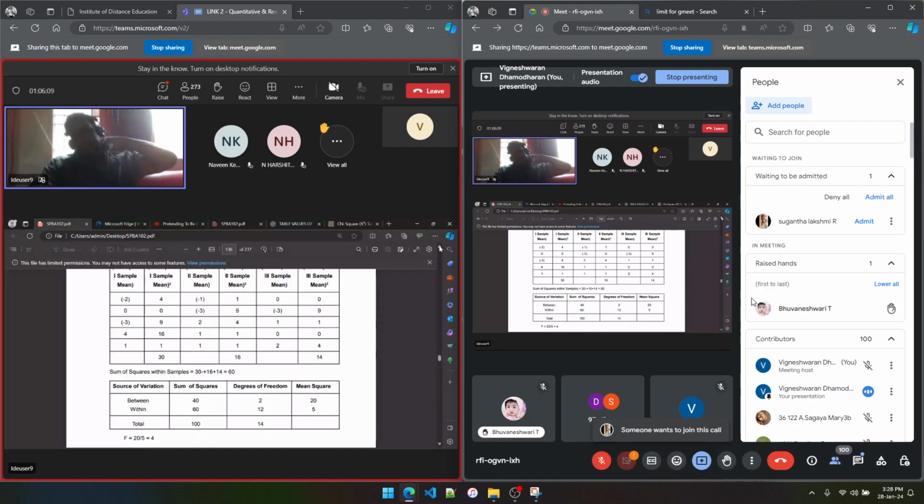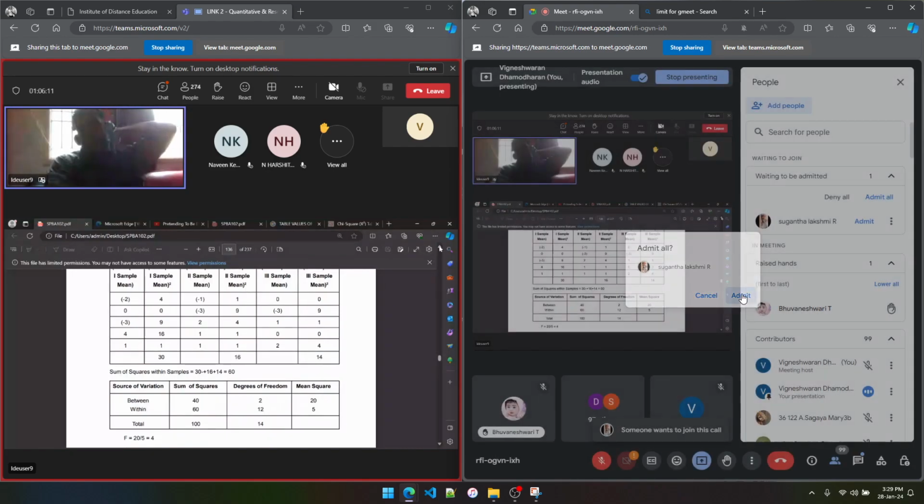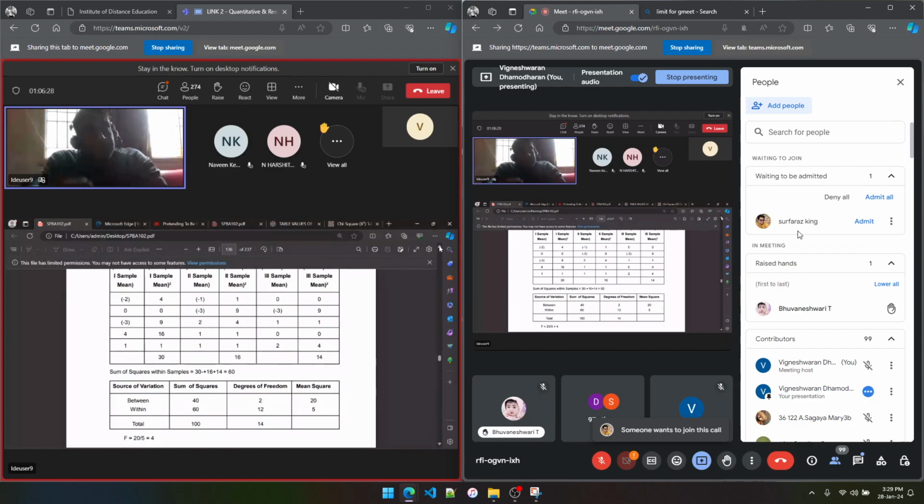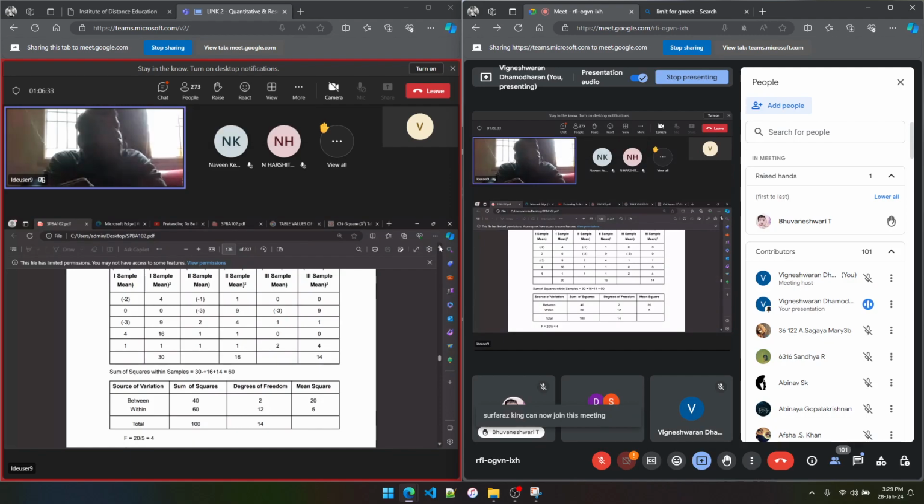In source of variation, we can have 2 different things: source of variation between the samples and source of variation within the samples. Next to that, we have to mention the sum of squares.